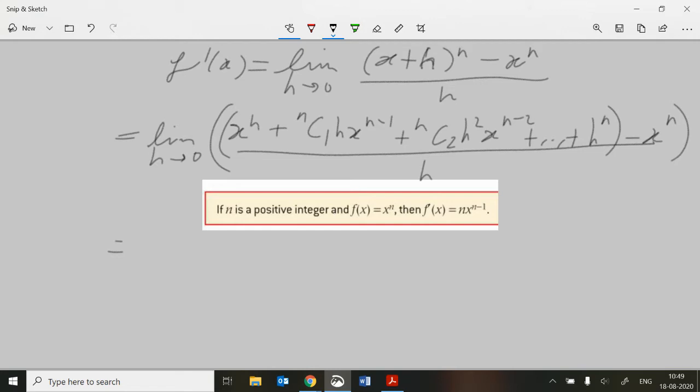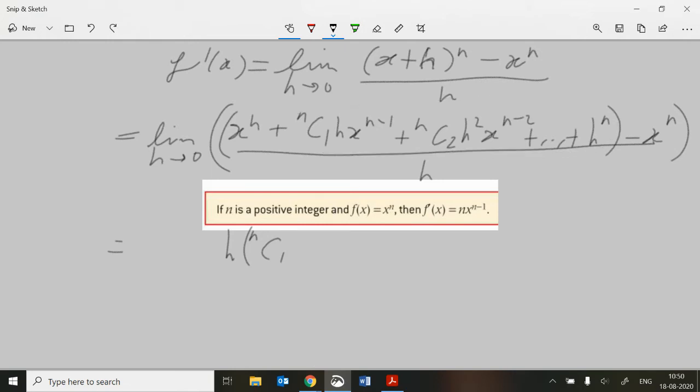Okay. Now we can see that x to the n is cancelling with this, just like with a lot of your differentiation from first principles. If you did x squared and x cubed, then you'll know that this and this are going to cancel. So if that cancels, then we're left with nC1. I'm going to factorize out an h from these terms.